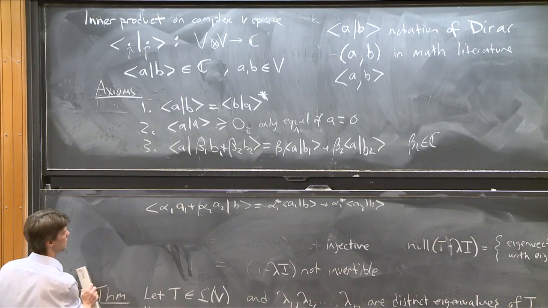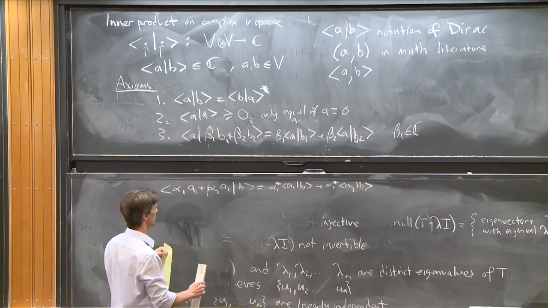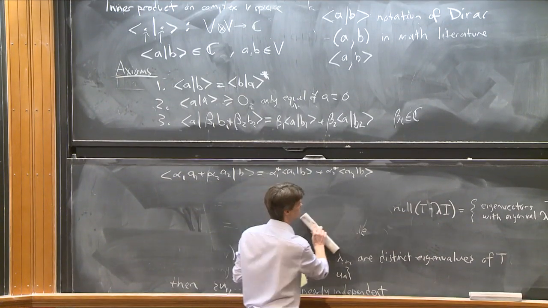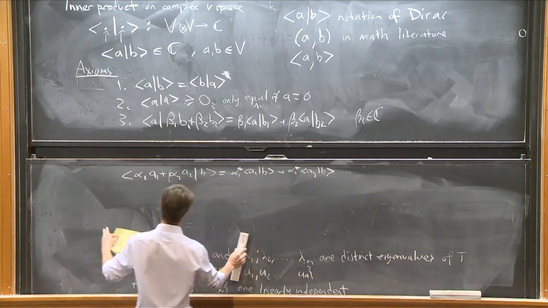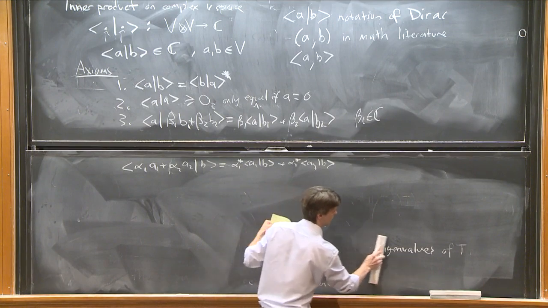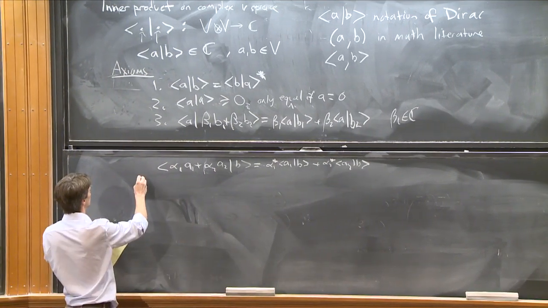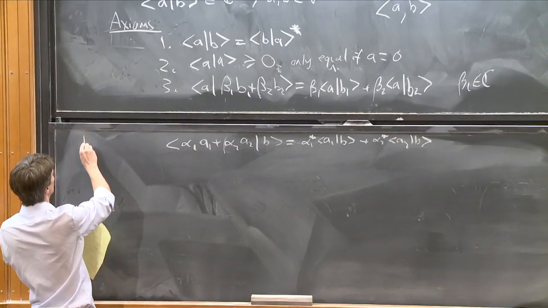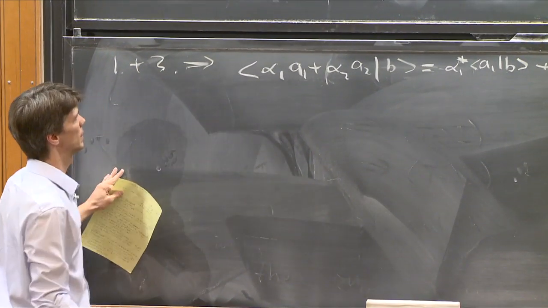Okay, and notice what has arisen, let's just go through that because you really do want to see these complex conjugates appearing here, because they are important. So 1 plus 3 imply this, but let's just do this.